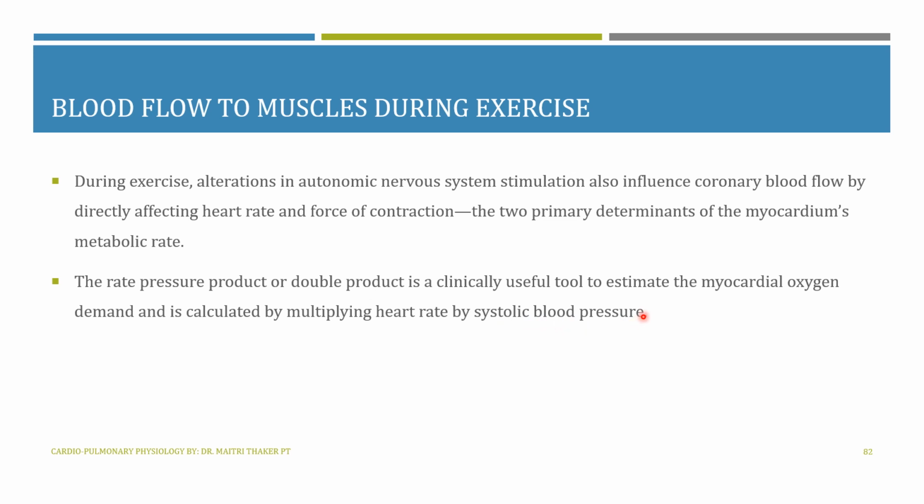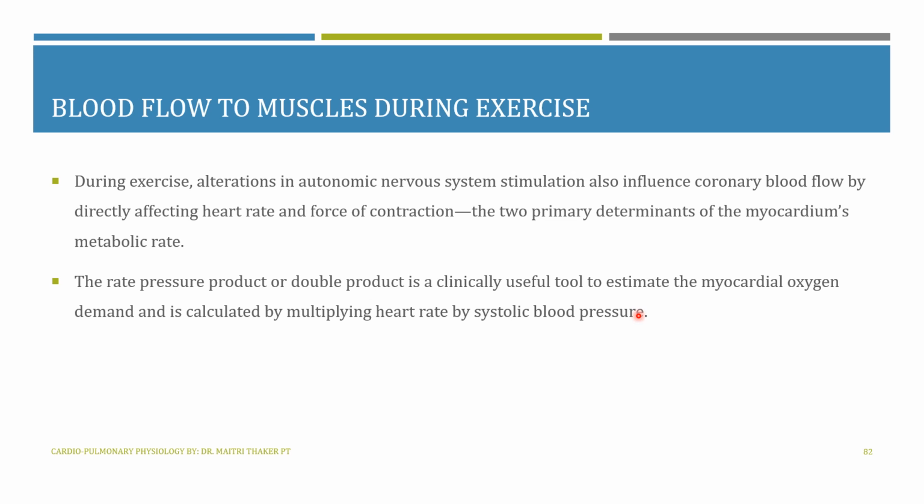So in cardiac rehab, whenever we are conducting any exercise testing, let's say stress testing, during the stress testing protocol we constantly monitor the patient's blood pressure and heart rate. For each stage, we have to multiply heart rate by systolic blood pressure, and this formula will give the rate pressure product.